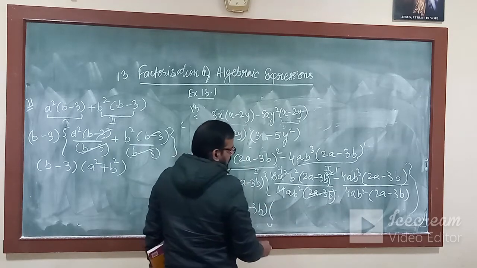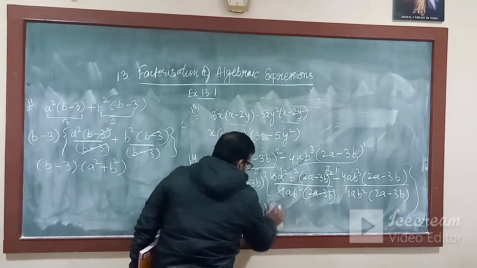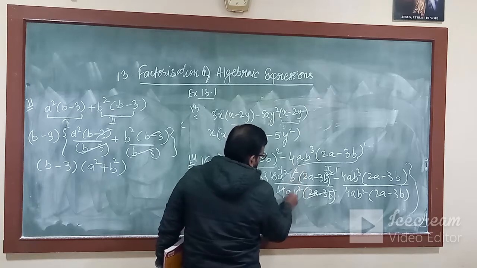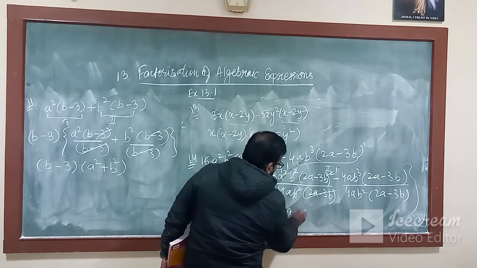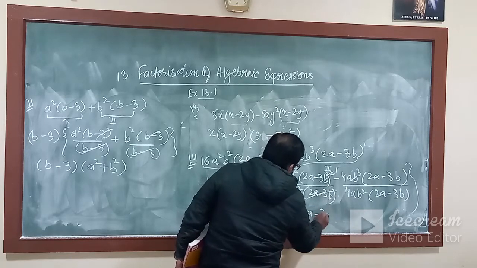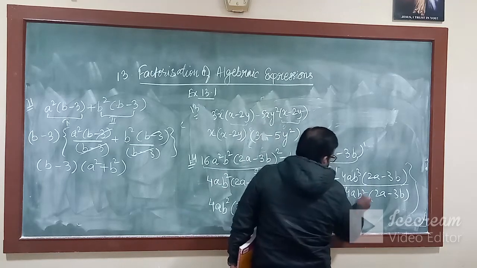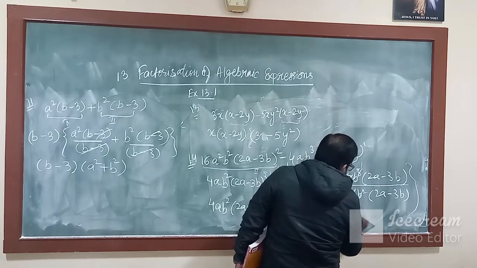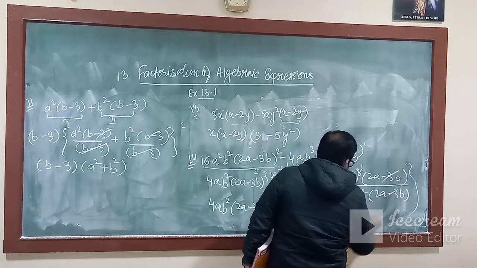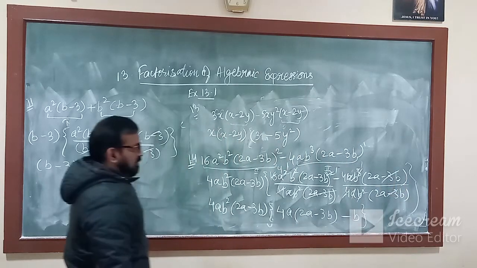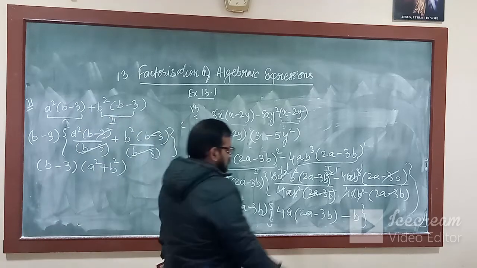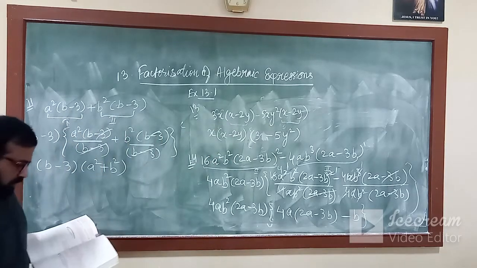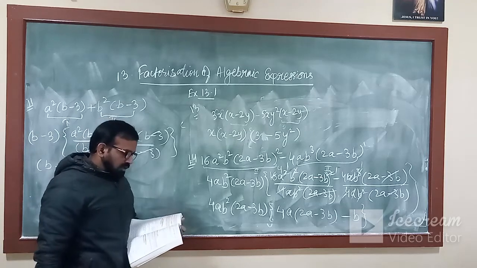Then inside the bracket, what we will get? Let's see. 4 b square will cancel, one power of a is left, 4a, and one power of this is left, 2a minus 3b, minus this b square cancel, 4 and 4 cancel, so what you will get is b, and this whole will cancel. Okay, so if you wish to solve, you can solve or you can leave the answer till here. So this is how you can solve the questions by taking out the common factors.